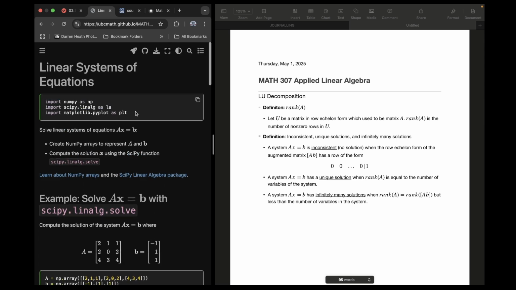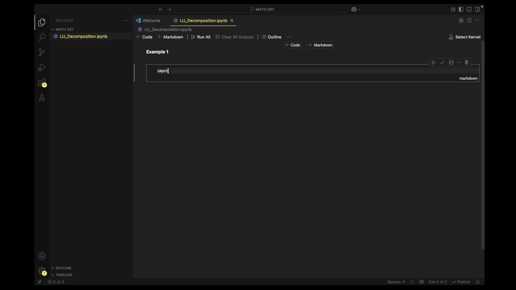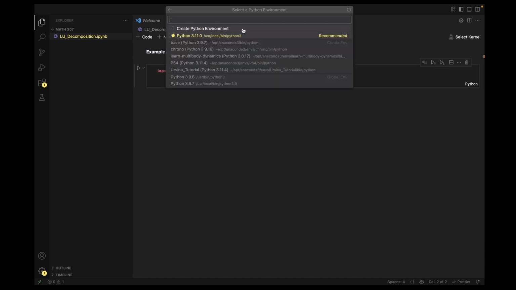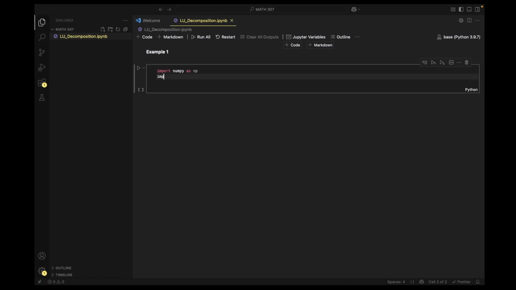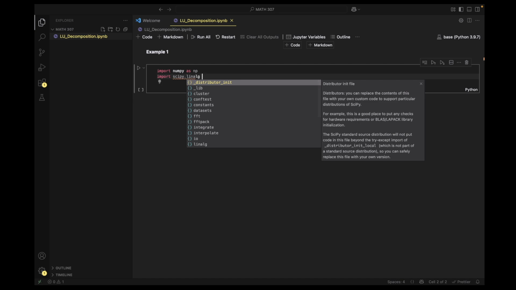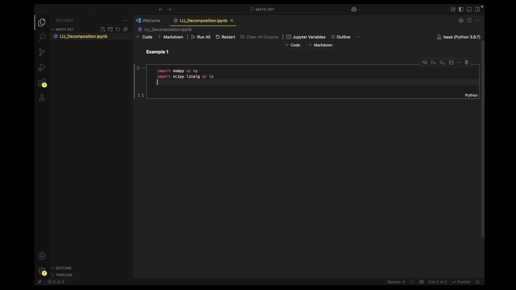Import numpy as np. This is markdown. As LA.